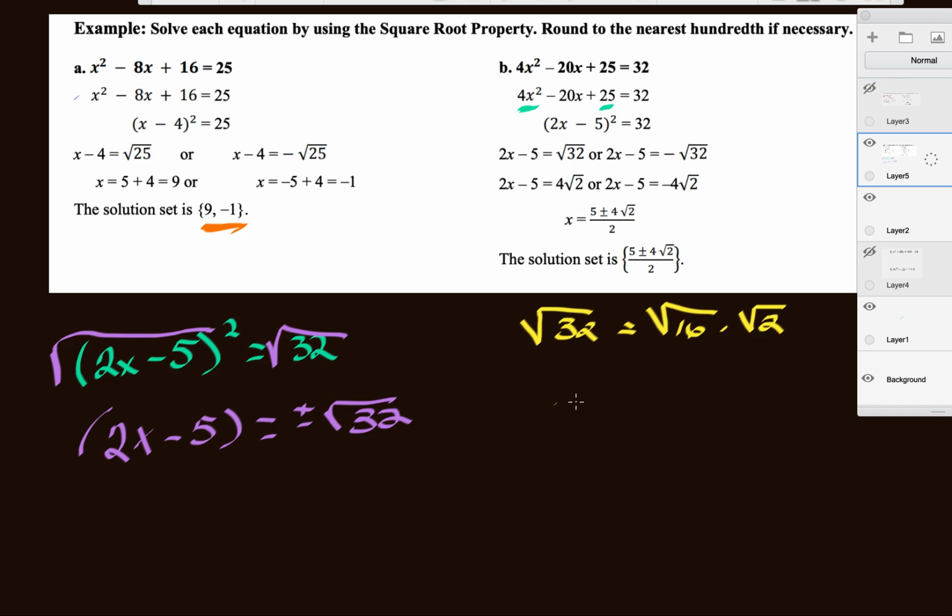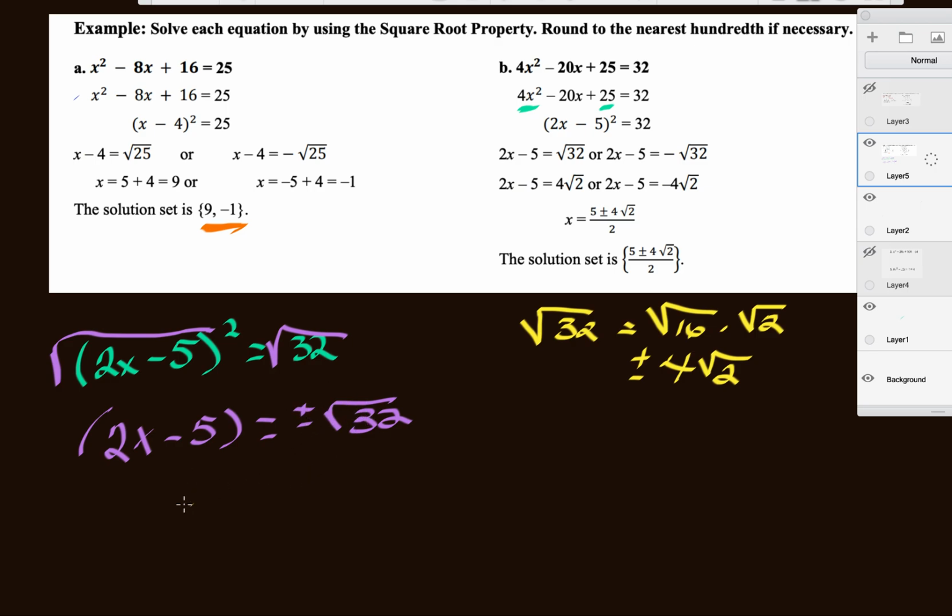Square root of 16 is 4. So plus or minus 4 times the square root of 2. And that's really what this ends up being.